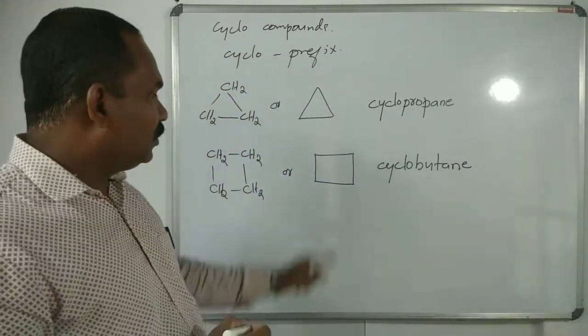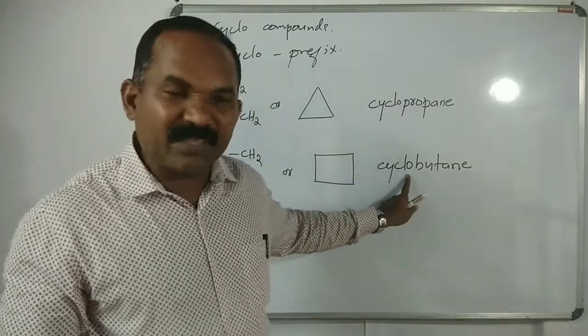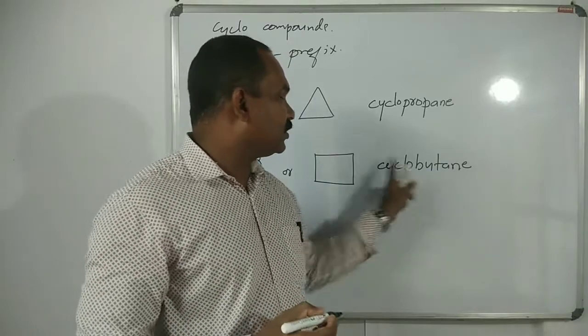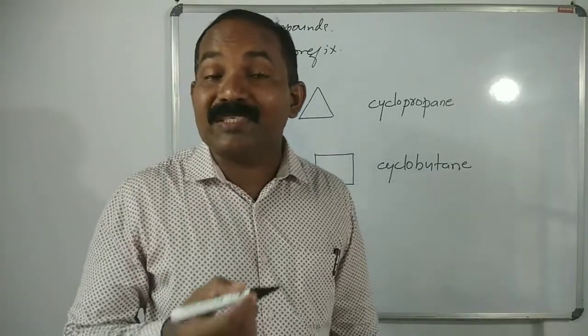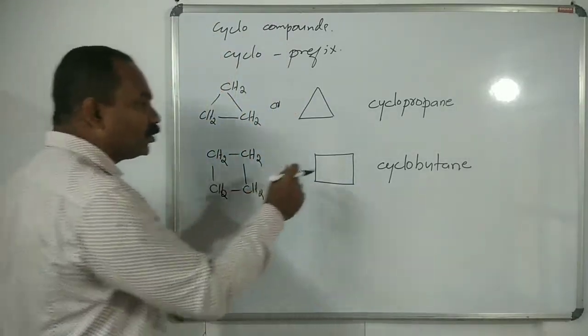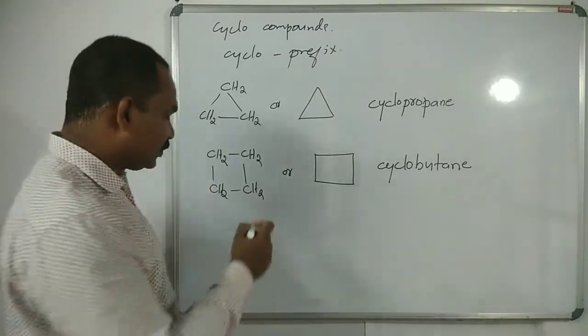Why? It is a cyclic compound, that's why we use cyclo as a prefix. Then 4 carbon atoms, so but. Then a single bond between the carbon atoms, that's why we use the suffix ane, saturated compounds. Usually it is easy to represent the bond line structure.